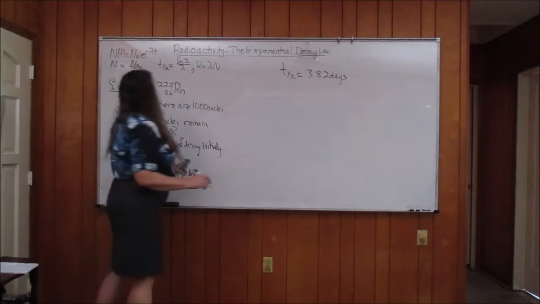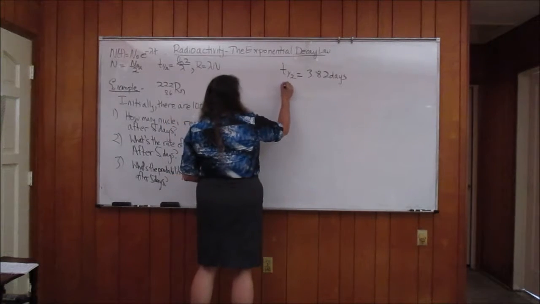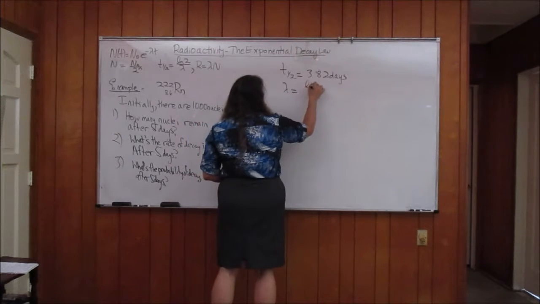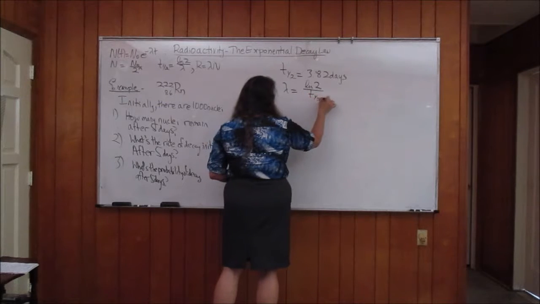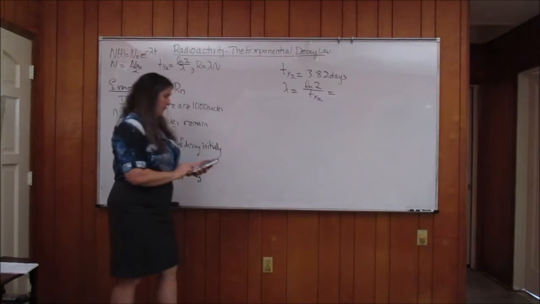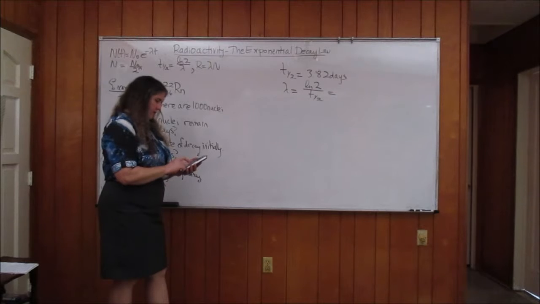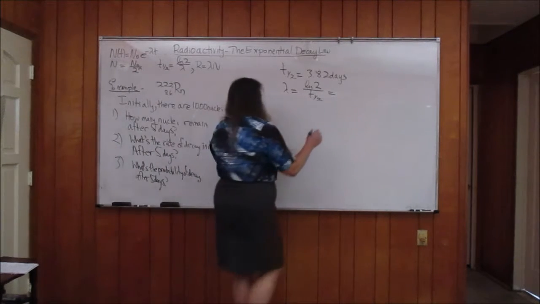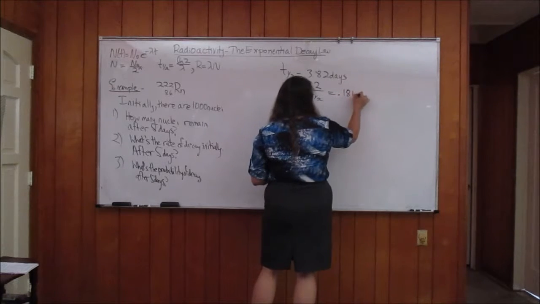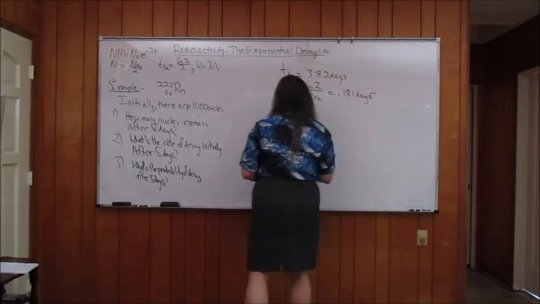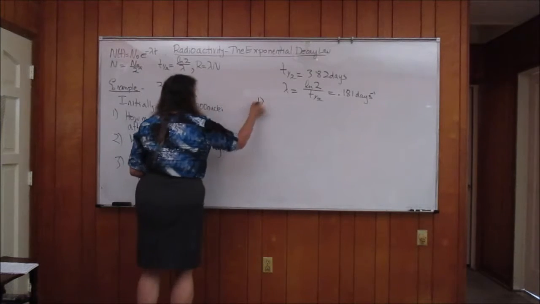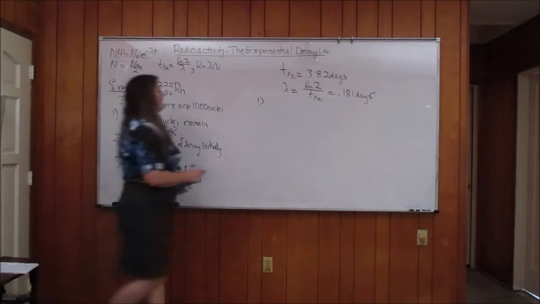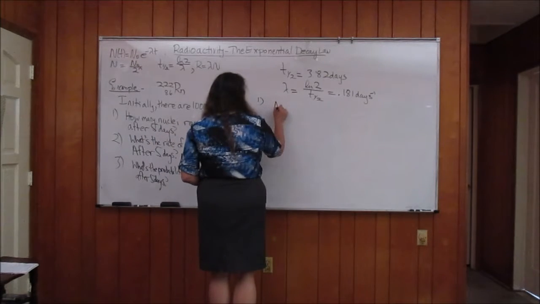So what are we going to calculate first? We should calculate the decay constant. So lambda is equal to natural log of 2 over T 1/2. And that's equal to 0.181 inverse days. To answer the first question, how many nuclei remain? Well, I'll just plug it into the exponential decay law.